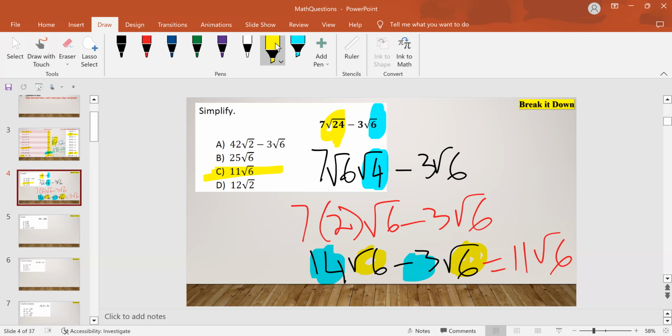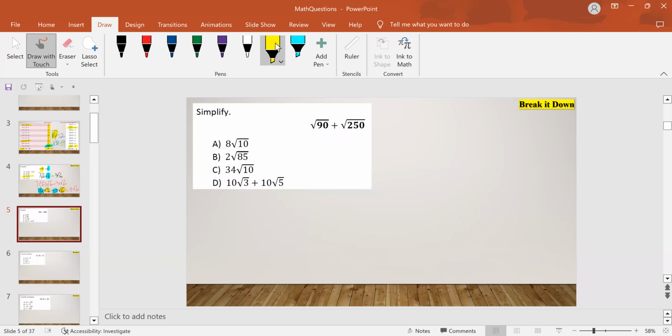Let's do another one. We have here the square root of 9 plus the square root of 250. Again, the key is to break it down. If you look at the 4 choices, 2 of them have radical 10.